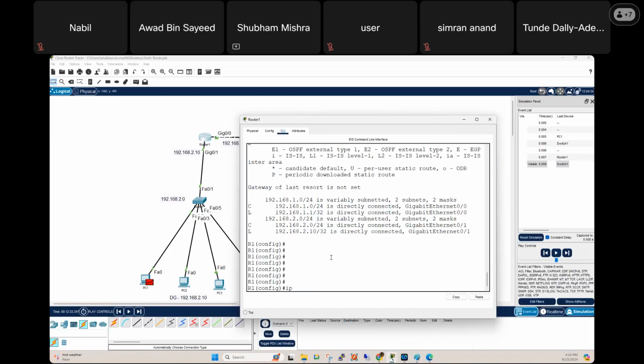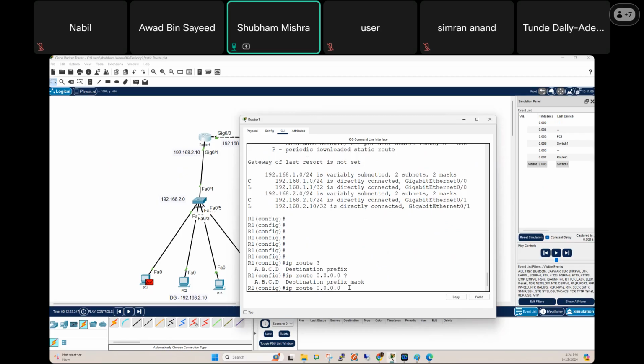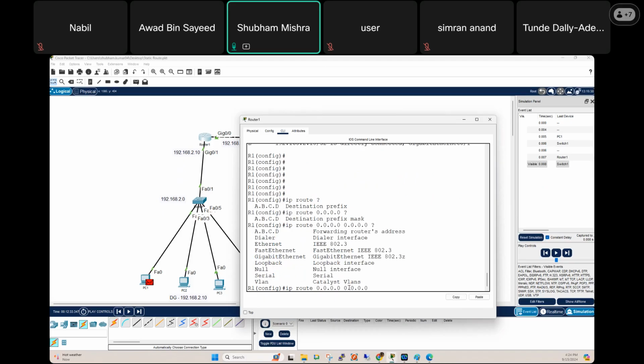What is the command? IP route. I press the question mark. What is this? Destination prefix. So 0.0.0.0. Press the question mark. Destination mask, 0.0.0.0. Now, tell me, what is this?